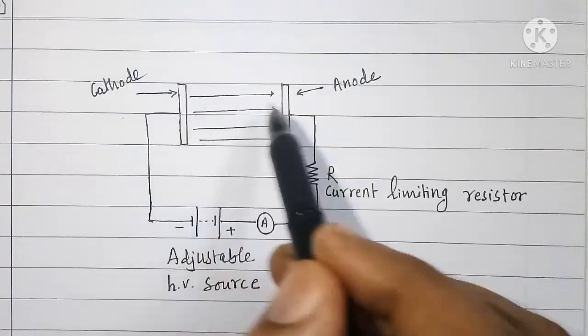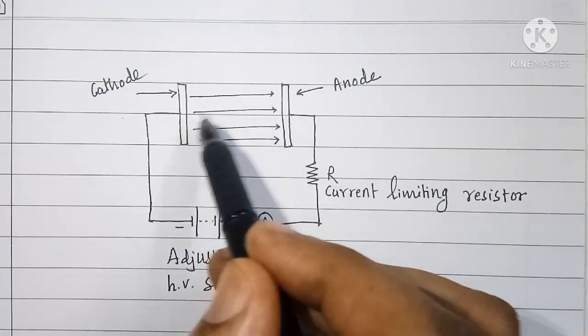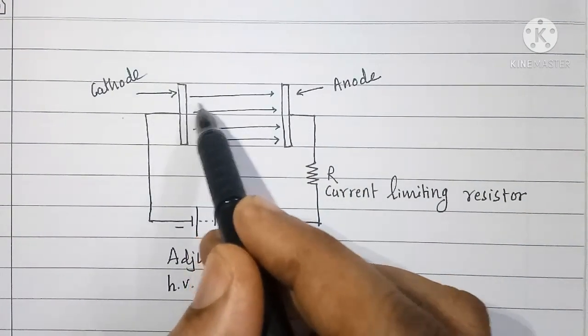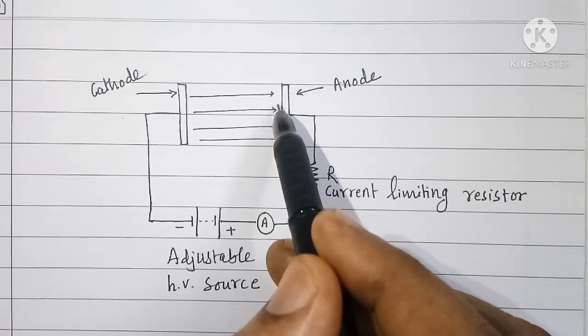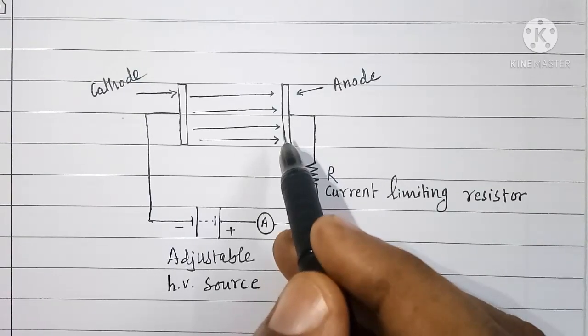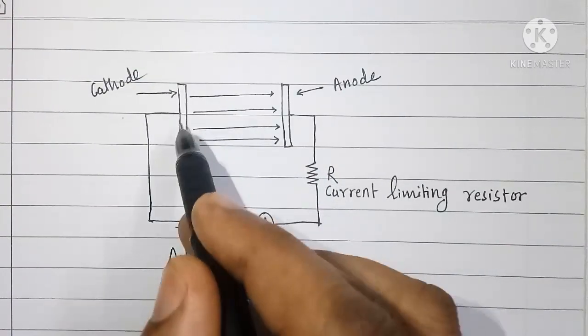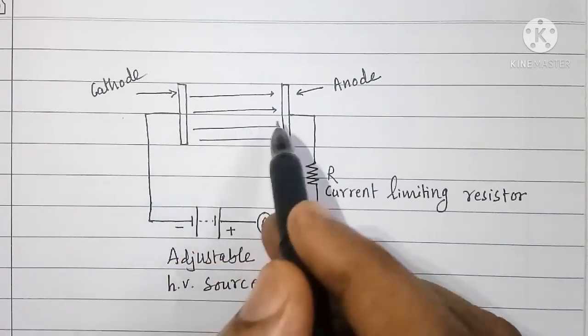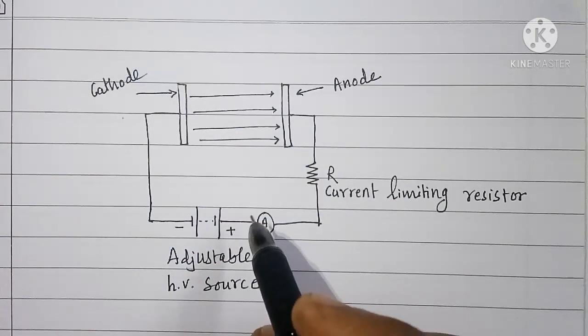Since voltage is applied to these two electrodes here, there exists an electric field between the two electrodes, and the direction of electric field is from cathode to anode, which you can see between the electrodes.